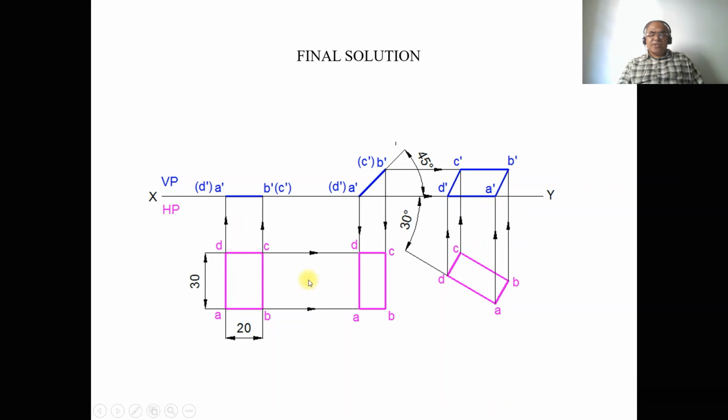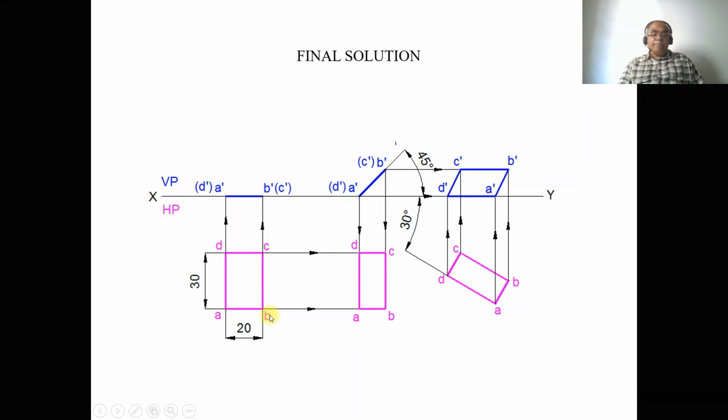Then take a scale, or from the sketchbook, mark a distance of 30 mm perpendicular to the XY line at some distance from the XY line, and draw a line of 30 mm, AD. Then from here you measure 20 mm and draw a rectangle of 30 by 20.